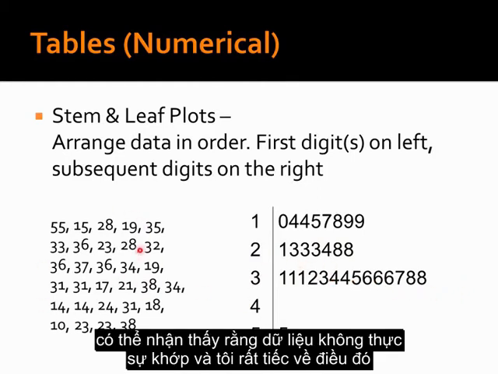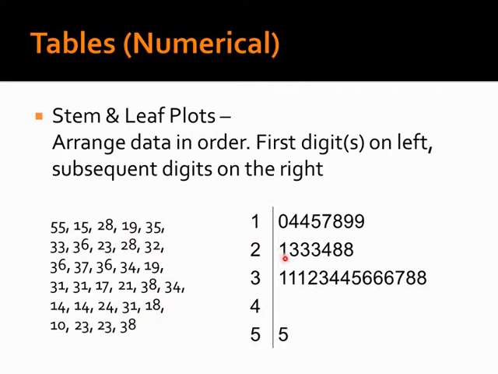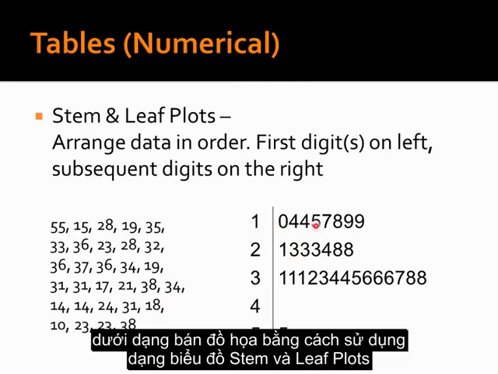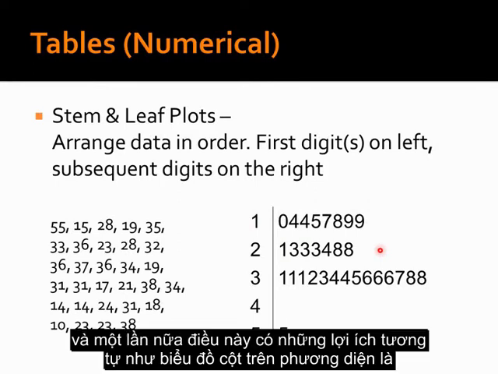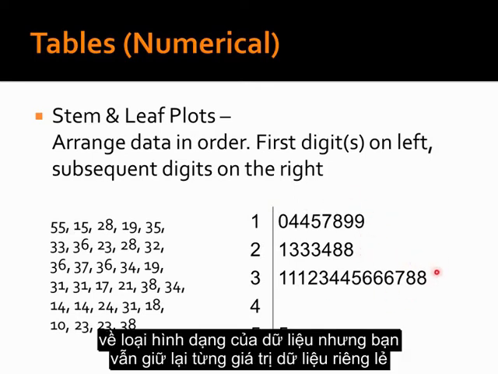You may have noticed that this doesn't really add up, and I'm sorry about that. But that's the idea here. The raw data inside here, you may present semi-graphically using the form of a stem and leaf plot. And once again, this has the similar benefit of a bar chart in the sense that you can see a visual overview of the kind of shape of the data, but you still retain each individual data value.